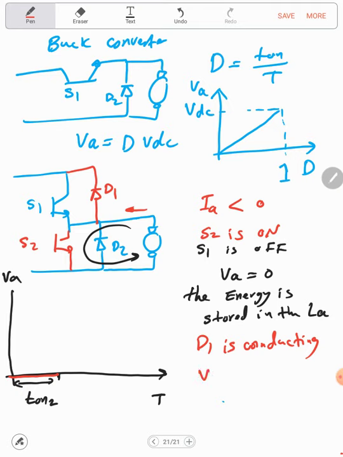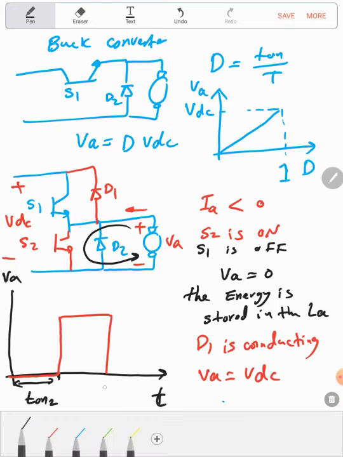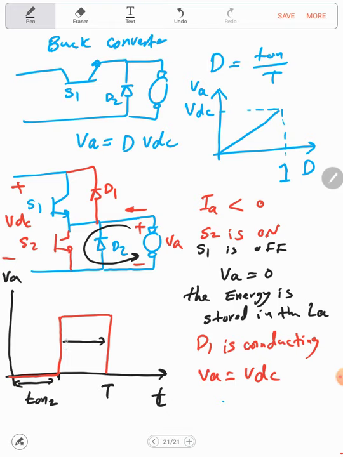Now VA will equal VDC: VA plus is connected to the plus terminal of the DC and the minus to the minus, so VA equals VDC, and the current will be fed to the supply until here. So let's assume this is the time, and this is the period T. From here to here is the T off, and this is the VDC.